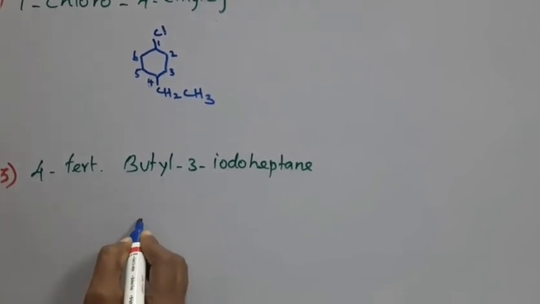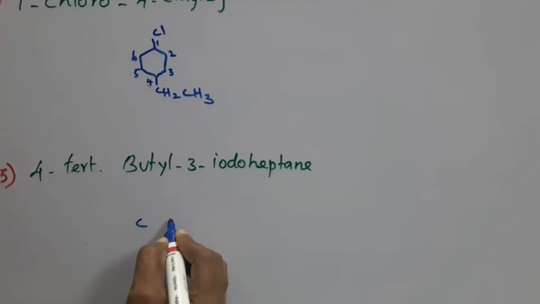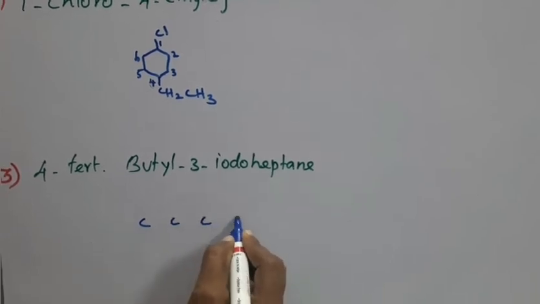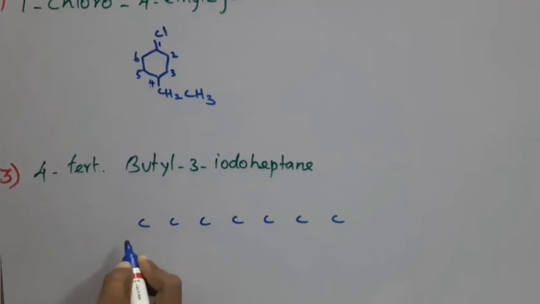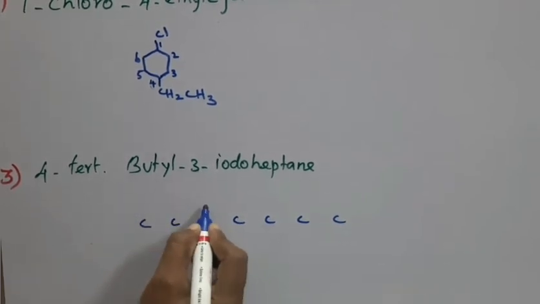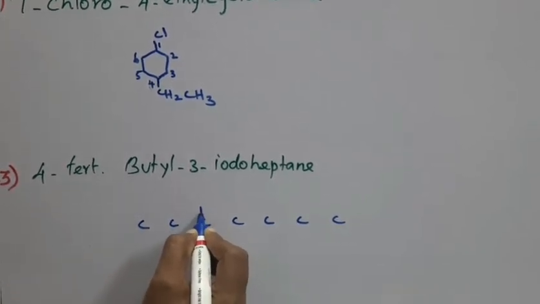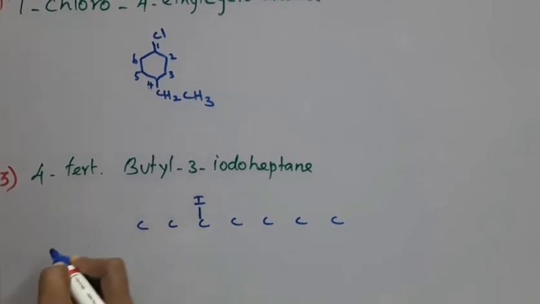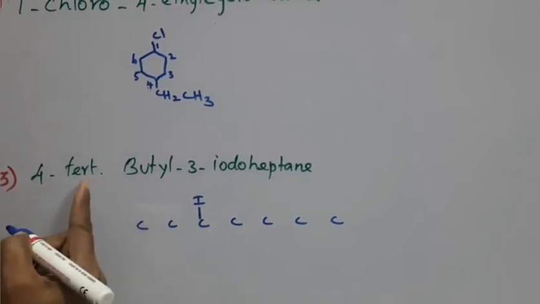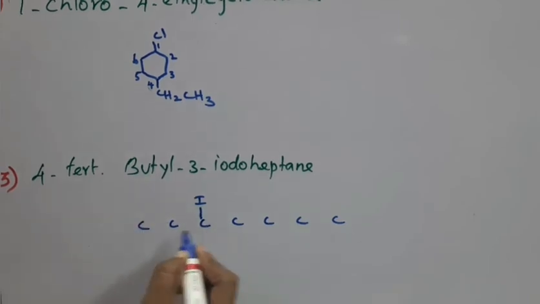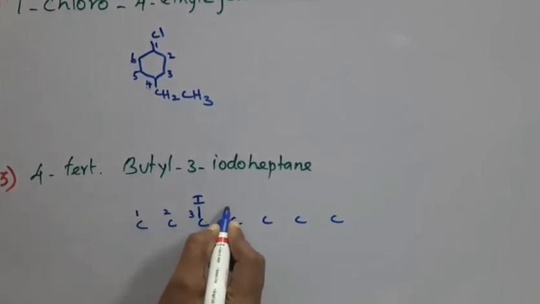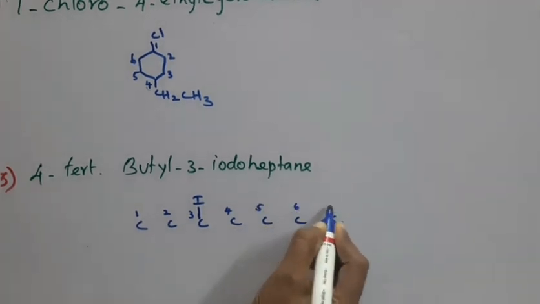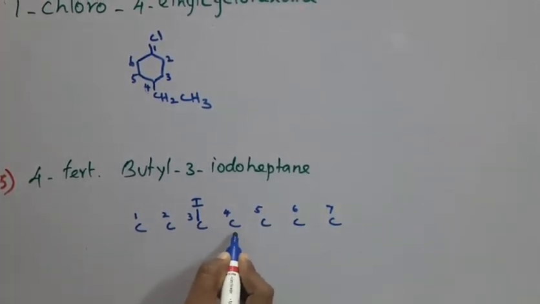So draw 7 carbons, 1 to 7. The third carbon has iodine, and the fourth carbon has a tertiary butyl group.